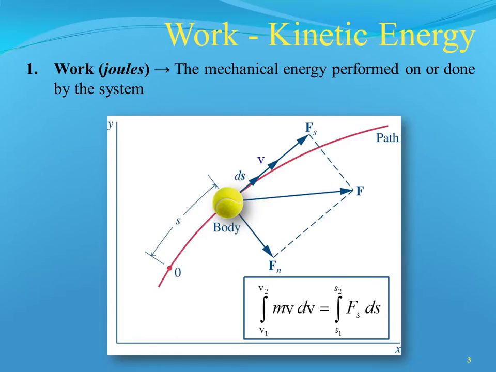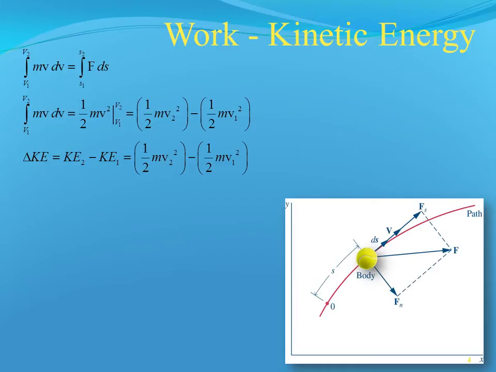So if we were to integrate some force that's acting on an object over some distance, let's say some initial location S1 to some final location S2. So this is sort of a general kinetic energy perspective of work using velocity or distance of an object with a certain mass.